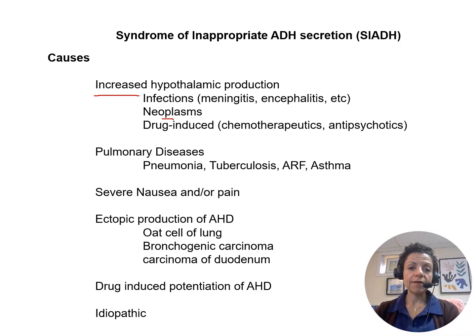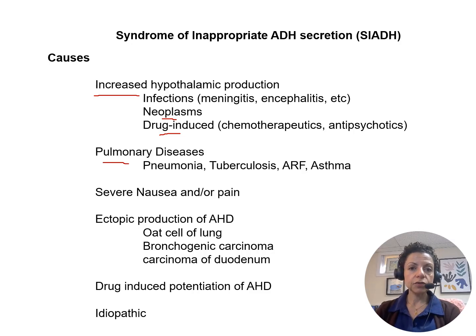Neoplasms, so we have these either benign or malignant tumors that are going to overproduce ADH. And then we have certain medications that actually increase the hypothalamic production. So certain chemotherapeutic drugs, certain antipsychotic drugs, they cause the hypothalamus to overproduce ADH.